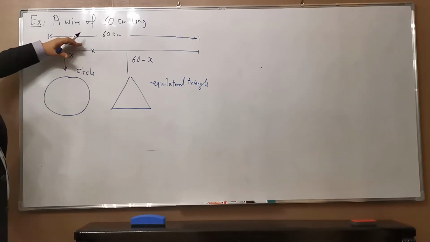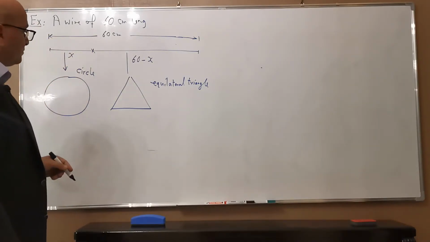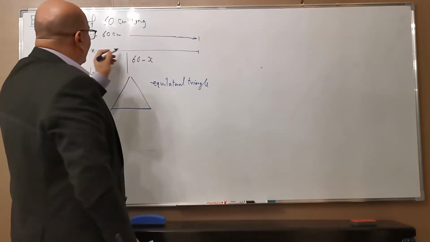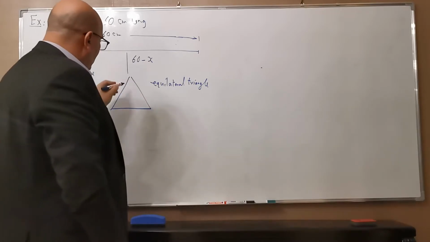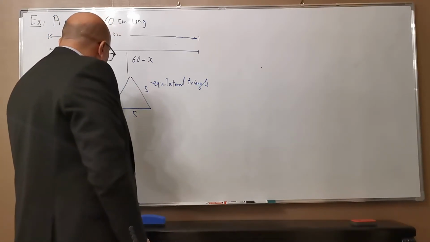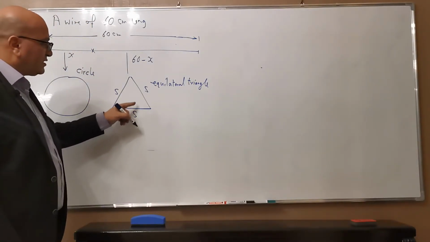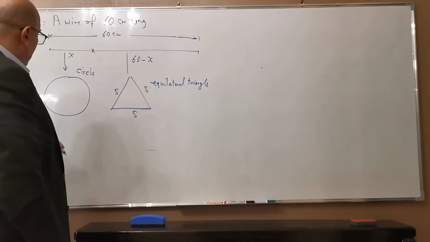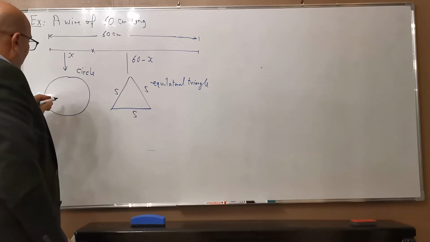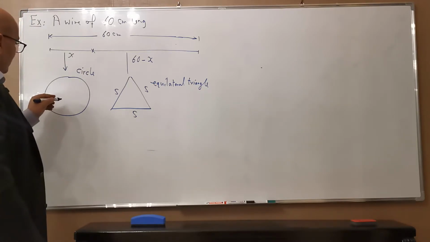So we will take a piece of this 60 centimeters, make a circle, and take what is left from the 60 centimeters and make an equilateral triangle with equal sides. So this side equals this side equals this side. And this one here is a circle with a perimeter of this, the circumference.